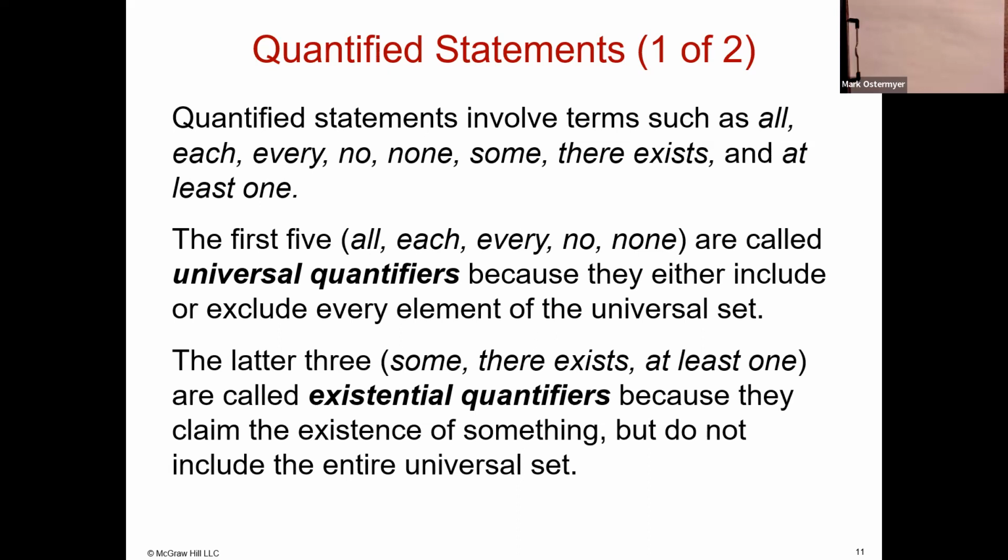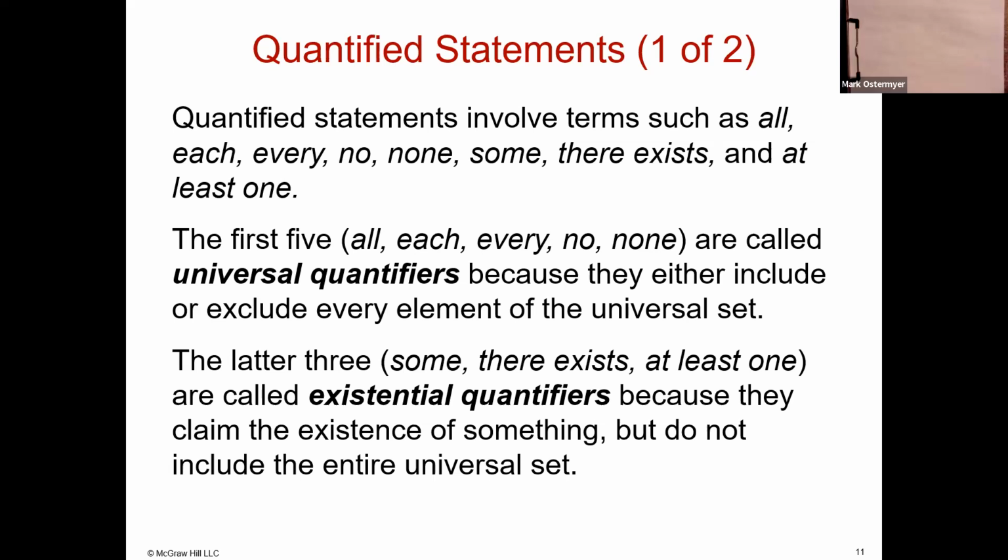More specifically, if you see the words all, each, every, no, and none, then we have what is called a universal quantifier. These are called universal quantifiers because they basically refer to all the elements in the universal set.